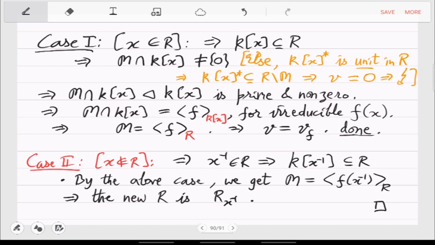So this is X inverse minus 1, which simplifies to X minus 1 over X. But the X minus 1 part cannot give you anything. It's only the 1 over X. You have to prove that X minus 1 belongs to R. X minus 1 will be a unit.